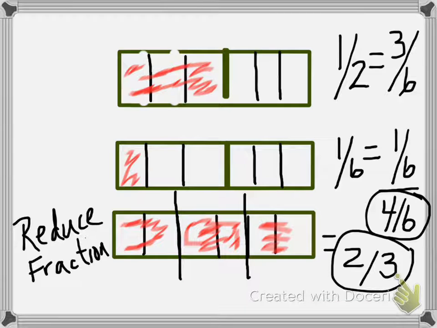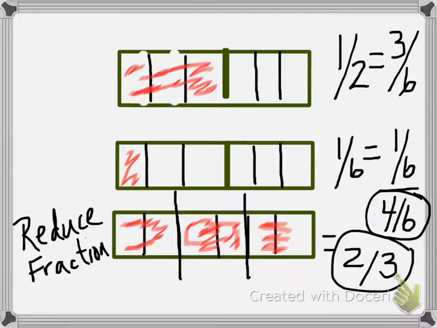Now I will go ahead and add my pieces together. I notice that I shaded in 3 on the first one, then I shaded in the 1 from the 1/6, and I have a total of 4/6 when I add 3/6 and 1/6 together. Now 4/6 can be reduced to a smaller fraction.